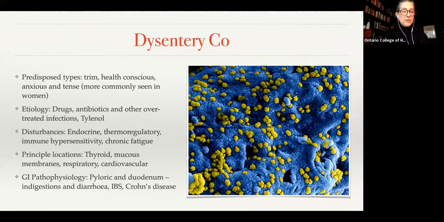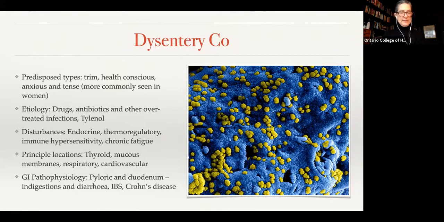The primary disturbances you'll see in patients requiring this remedy are endocrine, thermoregulatory, a lot of immune hypersensitivity, and chronic fatigue, once again, just like we discussed in bacillus number 7.